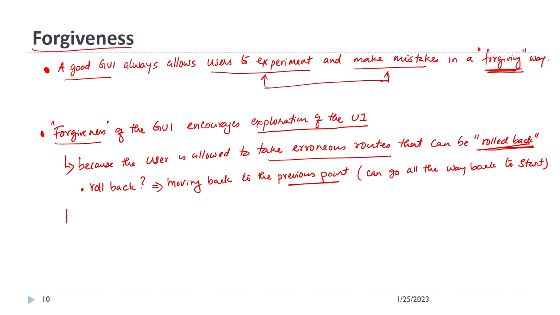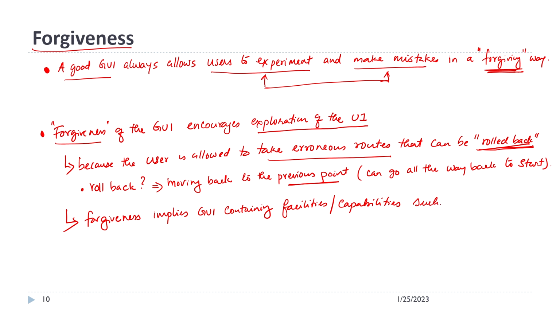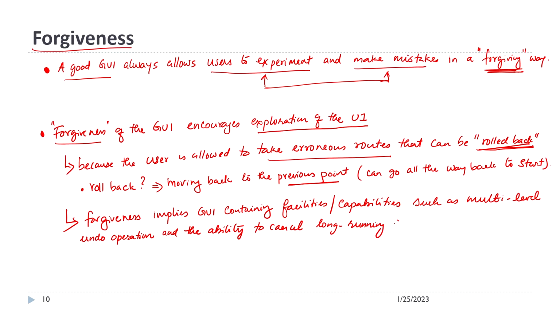Okay. Then the second aspect of this is forgiveness, even though it is easy to say, forgiveness implies a GUI containing facilities or capabilities such as multi-level undo operation and the ability to cancel long running applications.